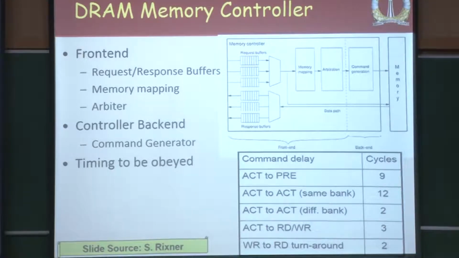We are not going to study all of them, but we will primarily talk about activate, precharge and read timings, and maybe bus transfer timings. Those are the 4 things that we are going to focus on. In addition, there are a number of other control parameters which also need to be obeyed, because when you go from a read to write, there is a certain amount of time delay that you have to give.